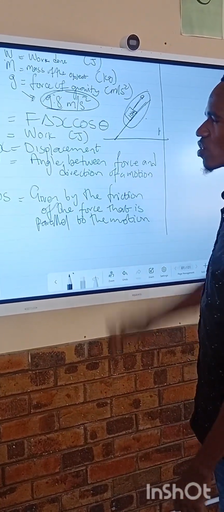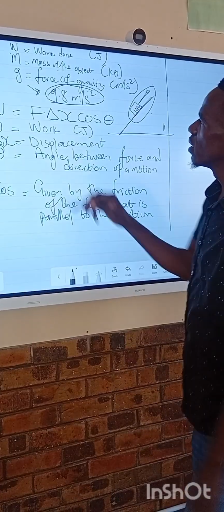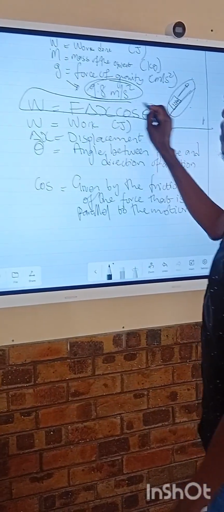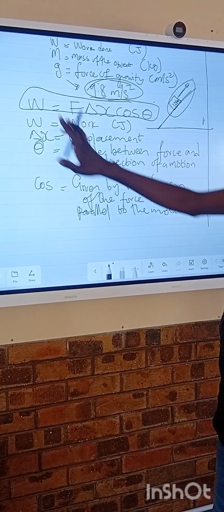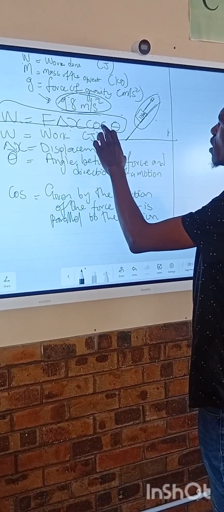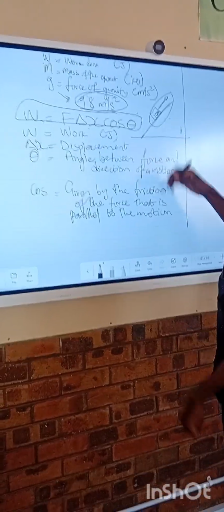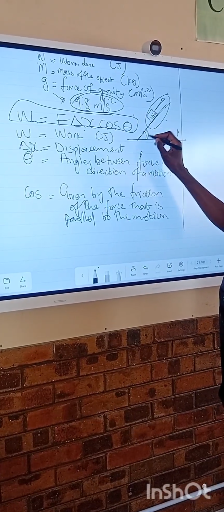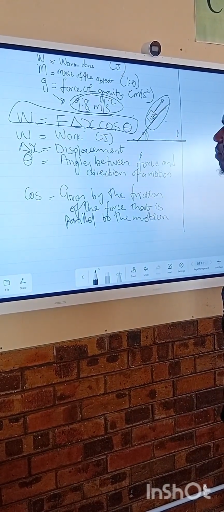The work done is displayed in this formula: the work done is equivalent to the force times displacement times cos theta. The theta is the angle acting on that horizontal plane.